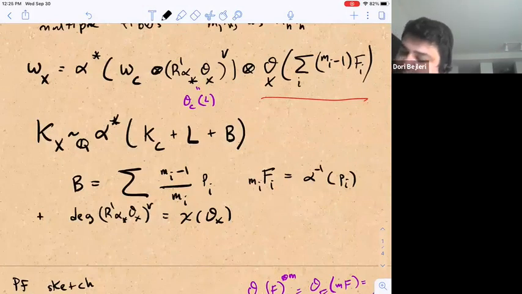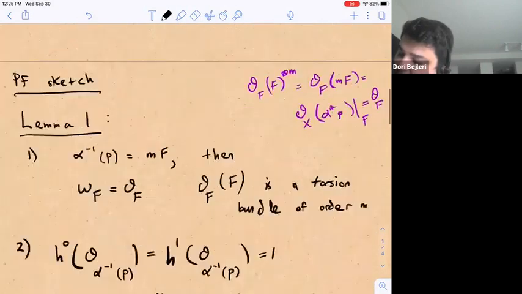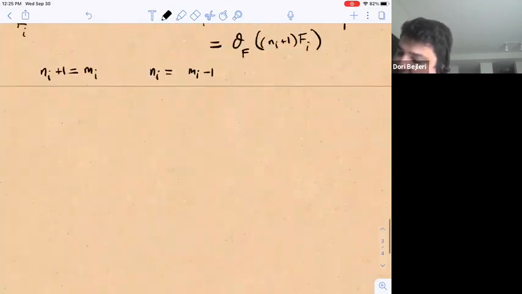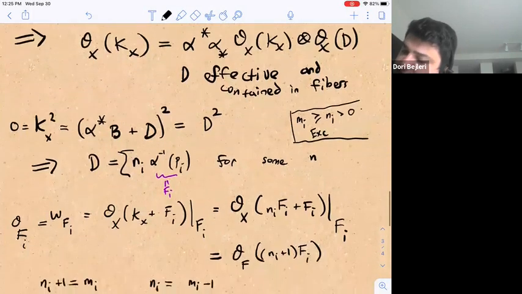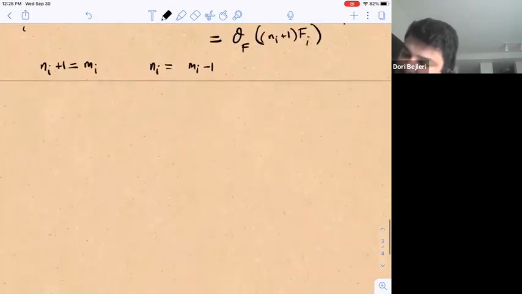And now we need to compute the other term. So the other term is exactly this alpha lower star O_X of K_X. So next we need to know what this is.